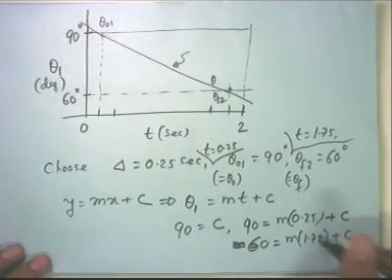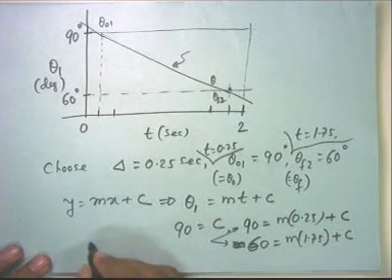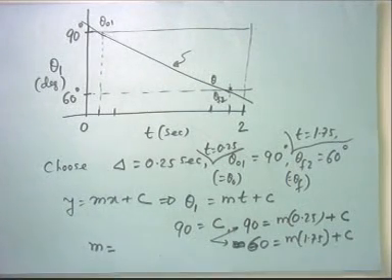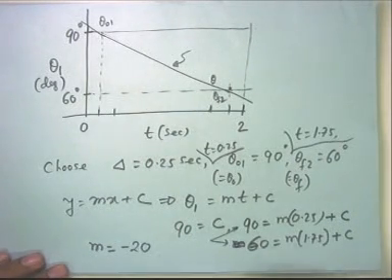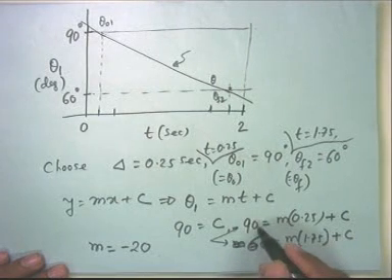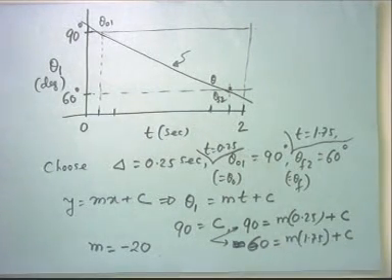From the correlation between these two I can calculate m, which will be minus 20. Okay, so using these two expressions you can calculate m will be minus 20.